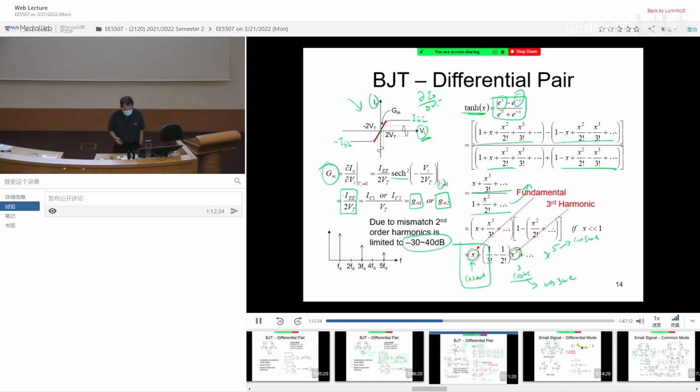Why? Because for transistor matching, a very easy way to get is about 1% matching. 1% happens to be about 40 dB. Now if you want better than 1%, the transistor size has to be bigger, and sometimes trimming is needed. Same thing for the resistor.